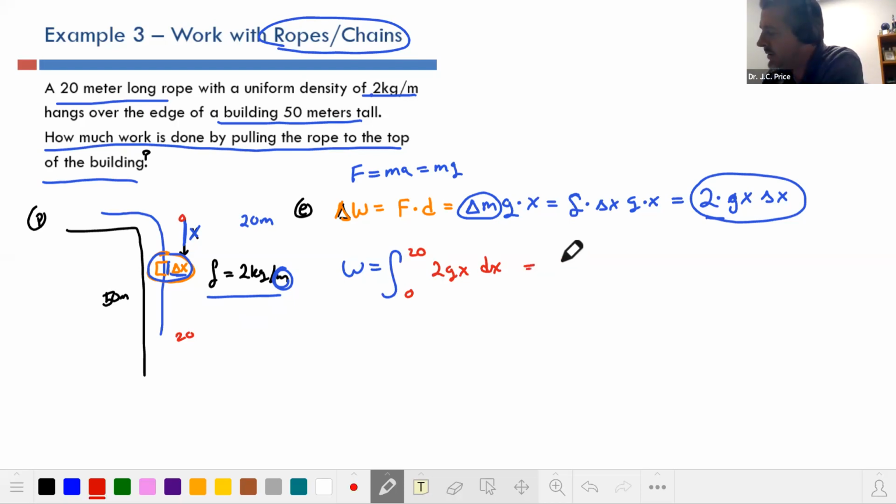So it's going to be equal to g x squared from 0 to 20, which is equal to g times 20 squared minus 0 squared. 20 squared is 400, so it's 400 g. And for g, we're always going to use the number 9.8, and that's meters per second squared.